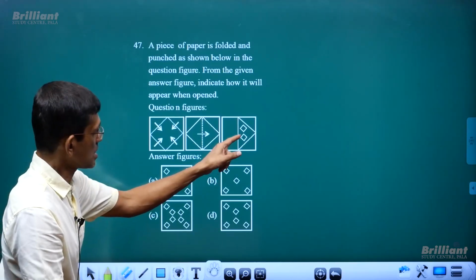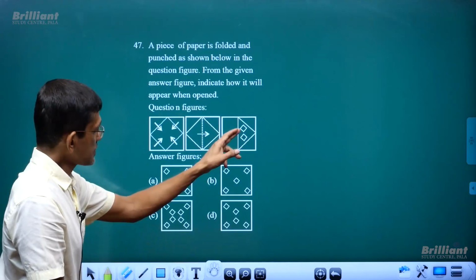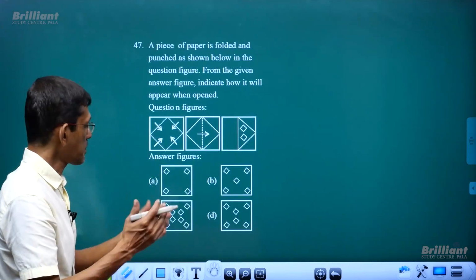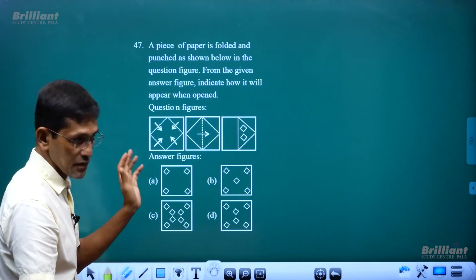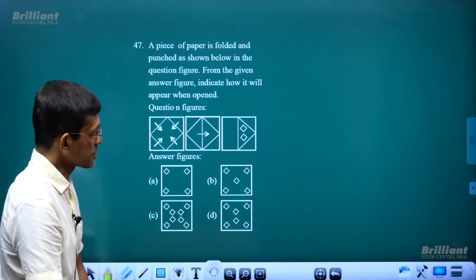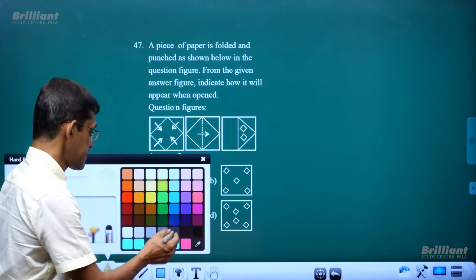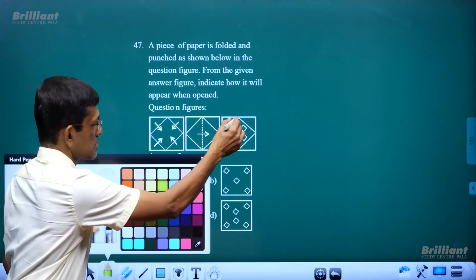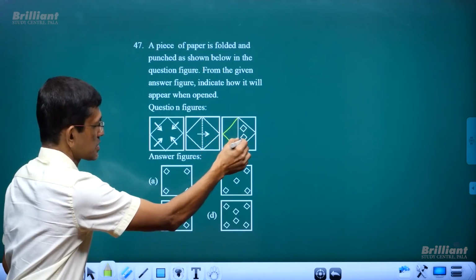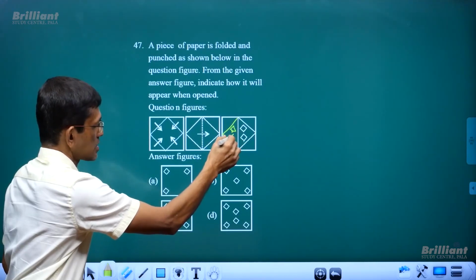So again, that is a square shape or something like a rhombus. And after putting 2 holes, when this paper is completely open, what kind of image can you see? How many holes would be there? If it is opened like this, you have 2 holes here, and we'll have another 2 holes here.